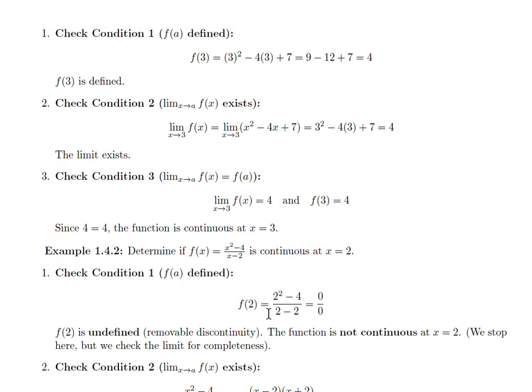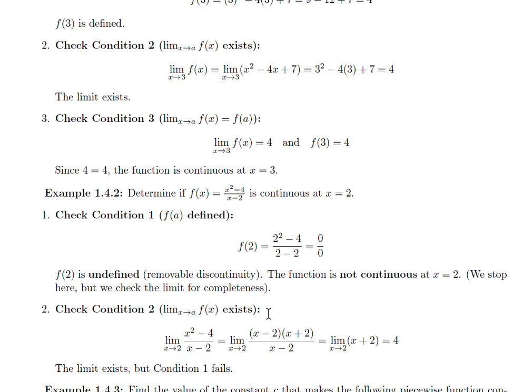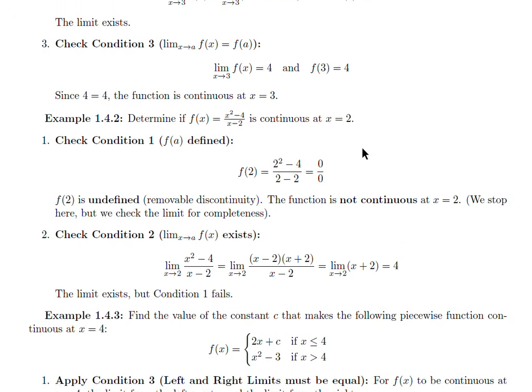Another example, we have a rational function, and those are where issues arise, because that's where you can have undefined limits. f of x equals x squared minus 4 all over x minus 2. We want to determine if this function is continuous at x equal to 2.